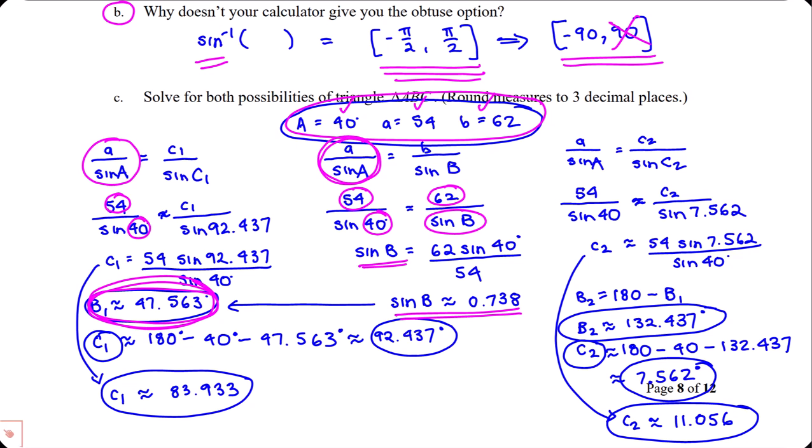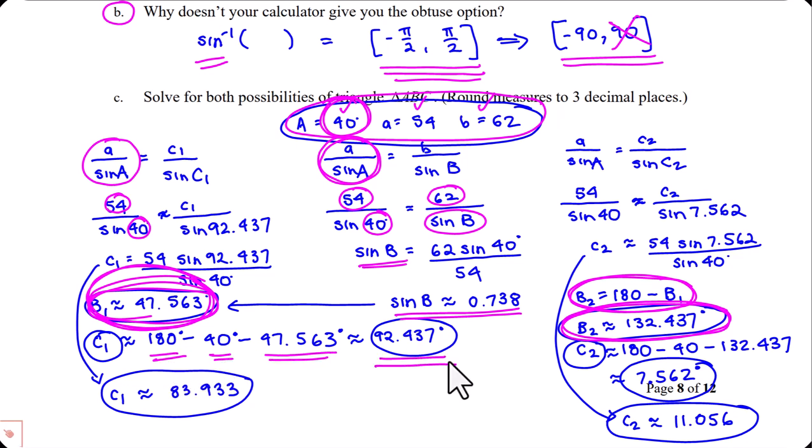If you do the inverse sine, you'll get this angle. The other angle that might work is 180 minus the angle I just found, which would give us this angle. Since we know that one angle is 40 and the other angle we just found, just subtract those two angles from 180 and you'll get the third angle. Okay? So we now have the two angles we were looking for, B and C. And notice I call these B1 and C1.